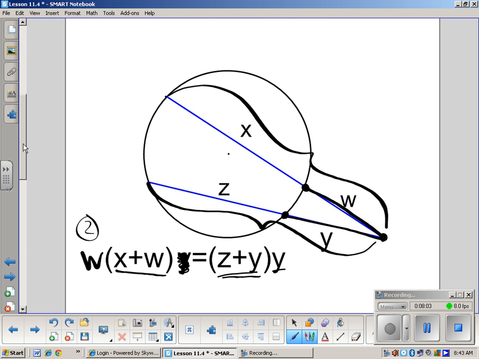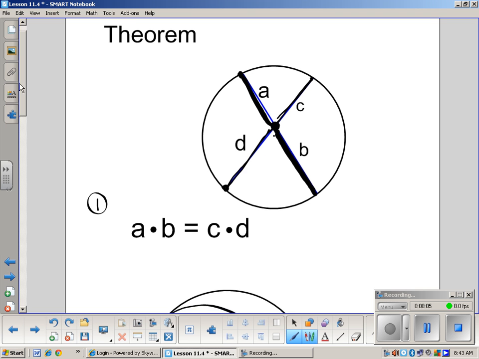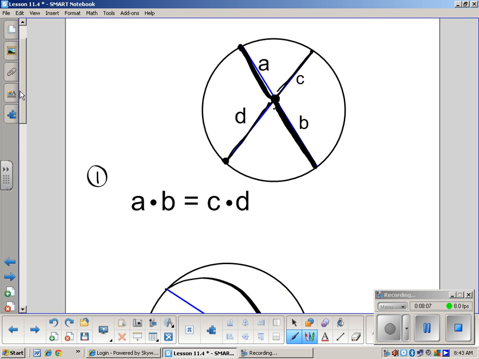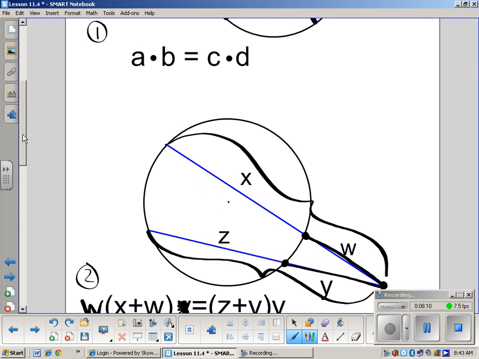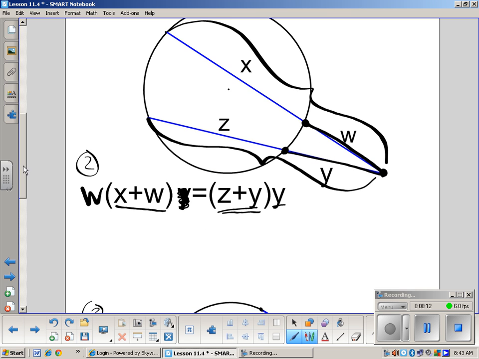And so it's the same rule as this one, it's just that part of our distances overlap because the intersection is outside the circle. Okay? And so that's why this can't be a y here. It's got to be w, which is this distance right here from the intersection to that first part of the circle there. Okay? And then w plus x is this total distance here. And the same on the other side with y plus z and y.